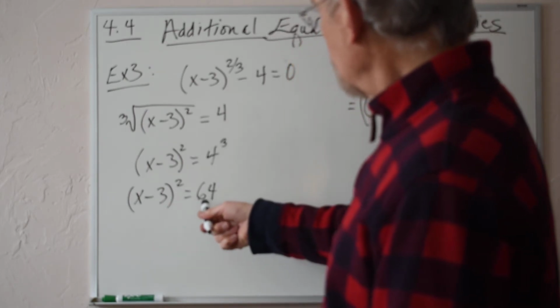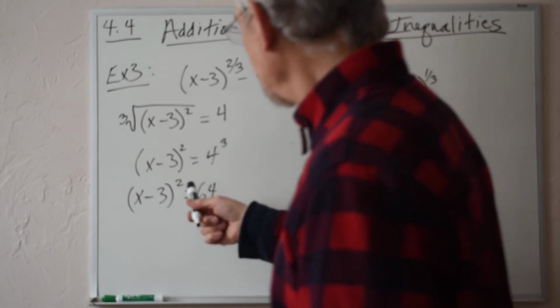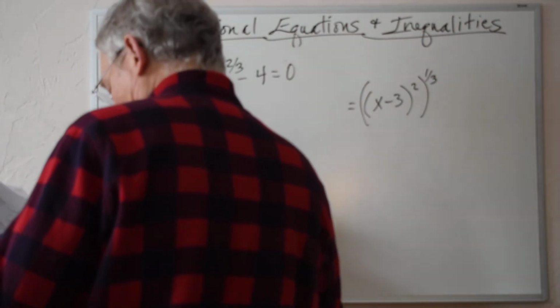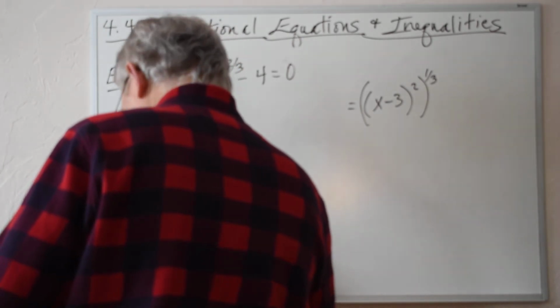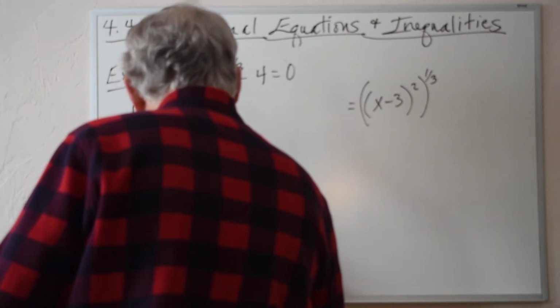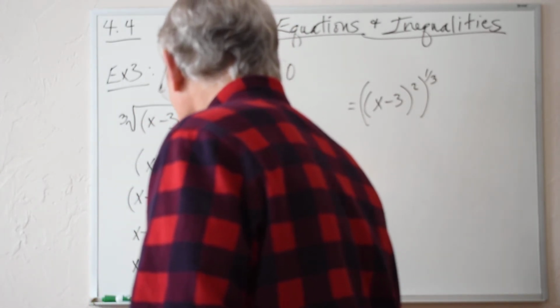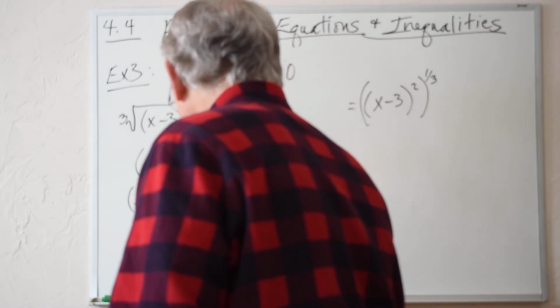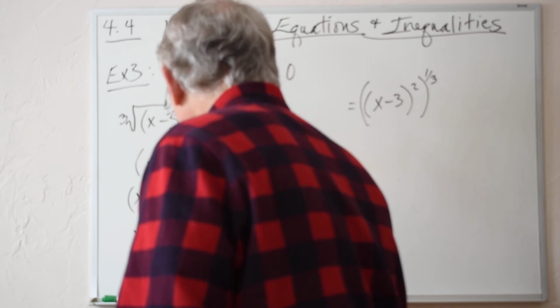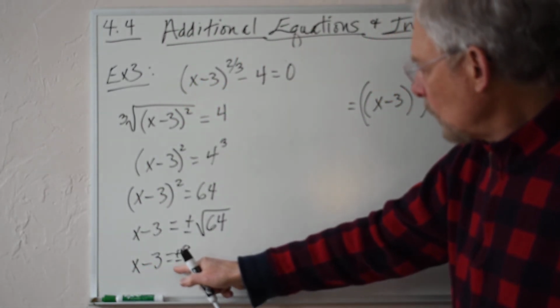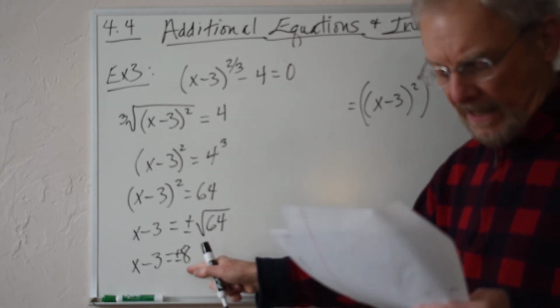I could just say, ooh, perfect square, 64. I'll take the square root of each side. And I see that x minus 3 equals plus or minus 8.